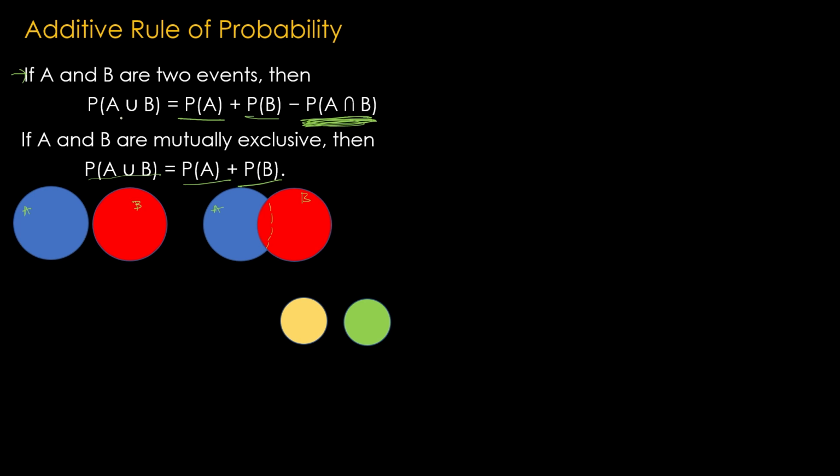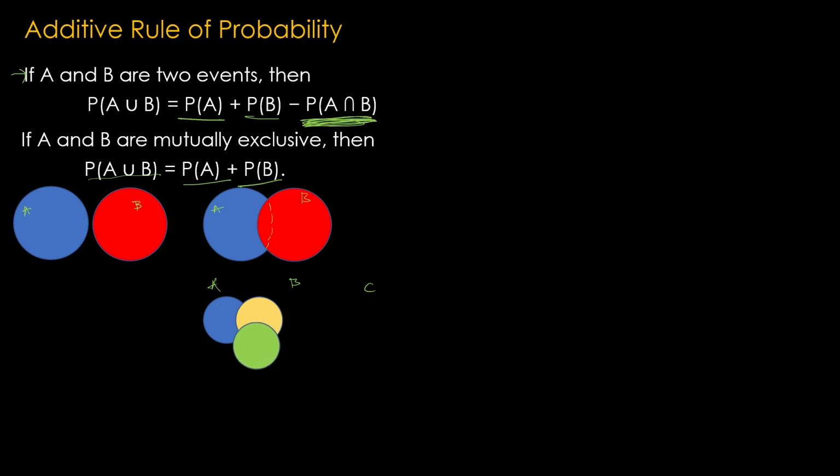We can extend this idea further if we are to use three probabilities. So take a look at this one. If we have events A, say if this is our A, our B, and our C. If we are to use the union of three probabilities with intersection, it looks like this. Okay?